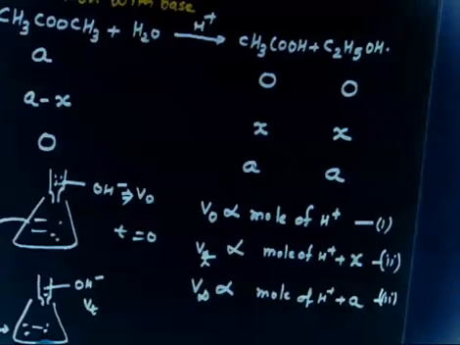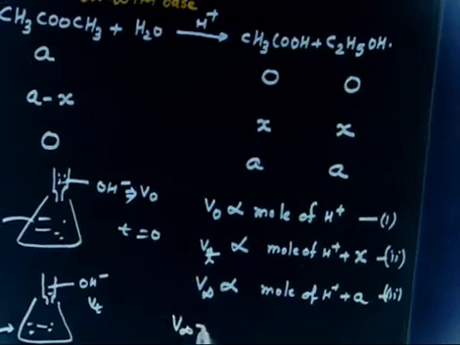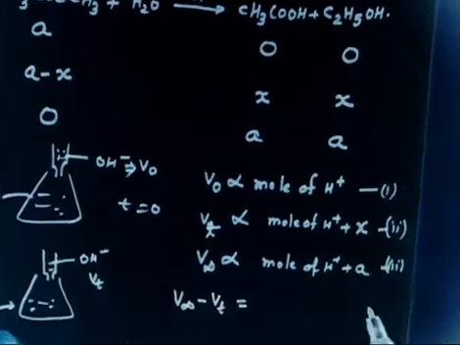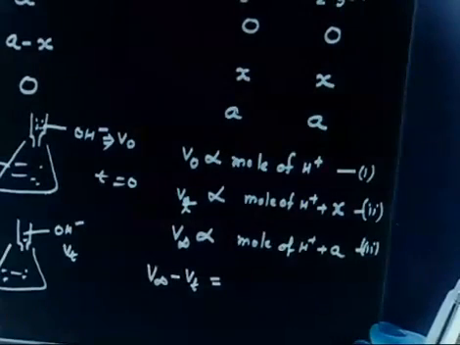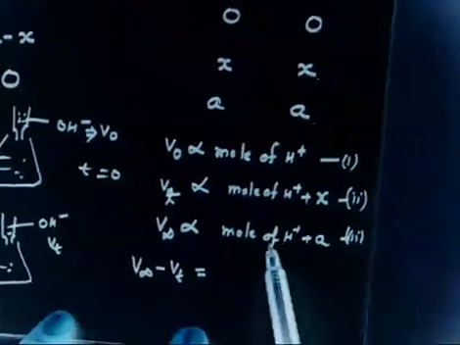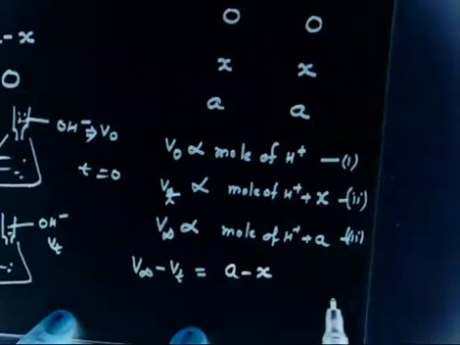Basically I know V0, Vt and V infinity, so I can find the rate of this reaction. If I subtract V infinity minus Vt, that is equation 3 minus equation 2, the mole of H plus goes out, so you will have A minus X.